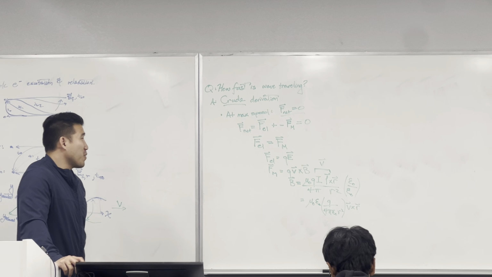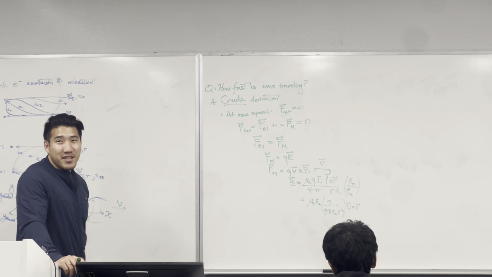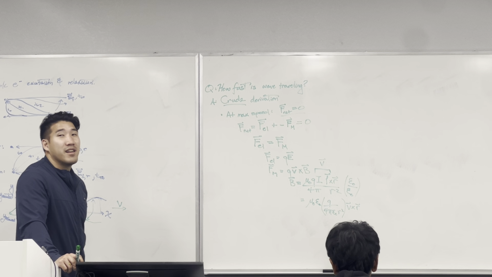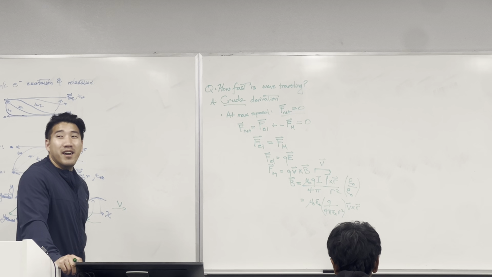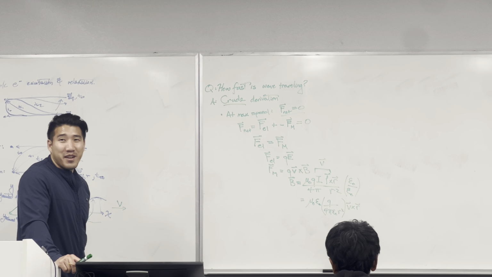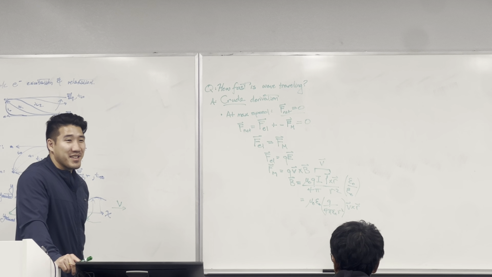Any guesses as to why we multiplied epsilon naught over epsilon naught? Does the term in the parentheses look like anything? The value of K? No, K is 1 over 4 pi epsilon naught. But in the parentheses, Q over 4 pi epsilon naught R squared.